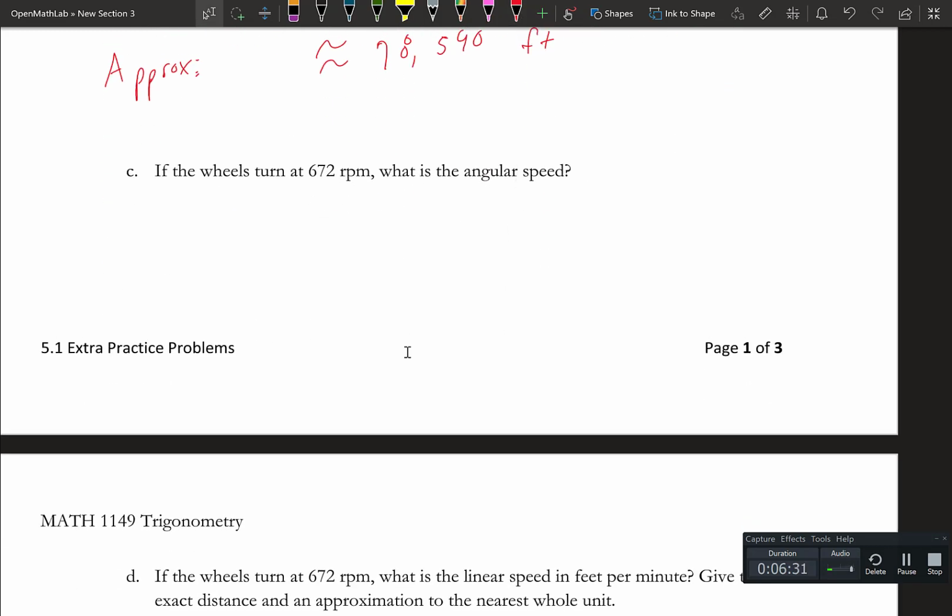So then part C says if the wheel turns at 672 rotations per minute, RPM, what is the angular speed? Right, so RPM equals rotations per minute.